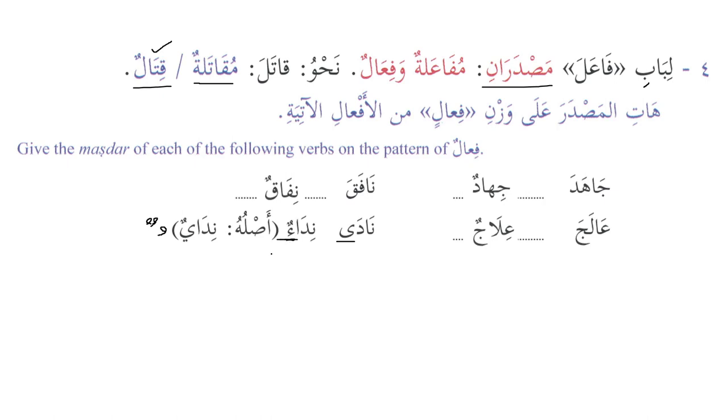What is ismul fa'il of qala? Ismul fa'il, the doer. Qala yaqulu, قائل qailun. Excellent. What happened basically? It was qawilun, and the waw changed into hamza. Why?